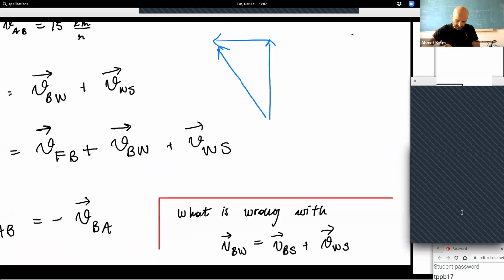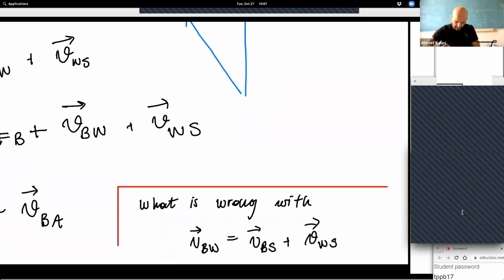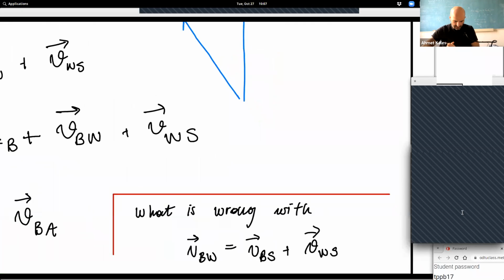So if you see a sum like VBW, VBS plus VWS, you can immediately tell something is wrong with this, right?